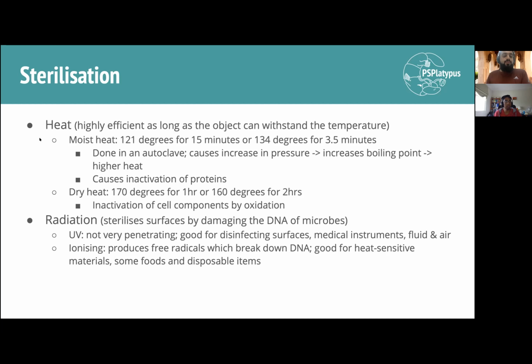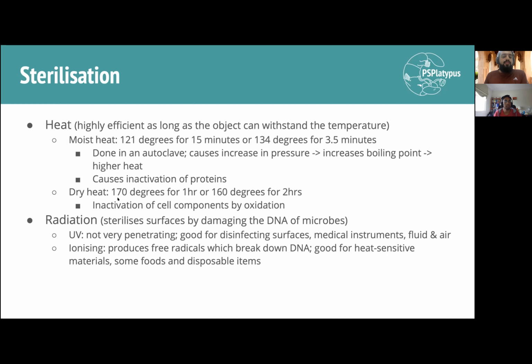We have two types of heat: moist heat, which is 121 degrees for 15 minutes, or 134 degrees for 3.5 minutes, done by a device called an autoclave. It causes an increase in pressure, which increases the boiling point and produces higher heat, and it causes inactivation of proteins of these pathogens.